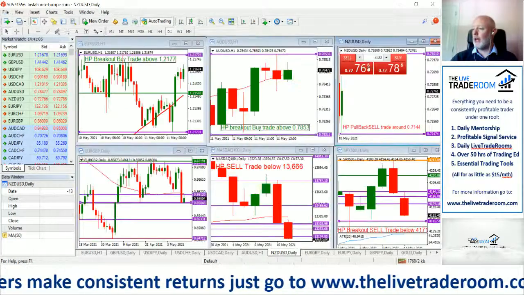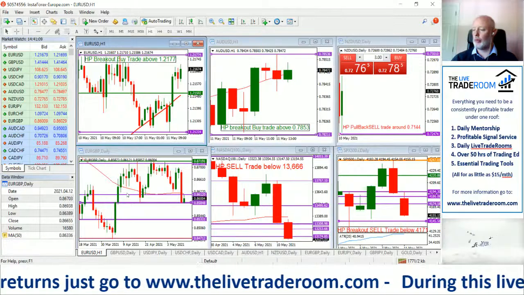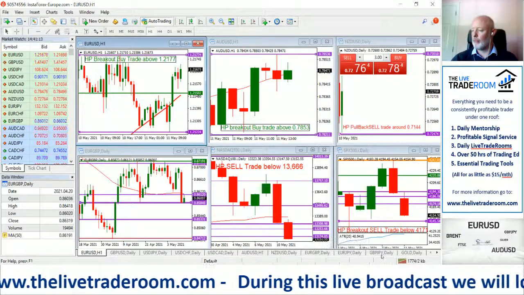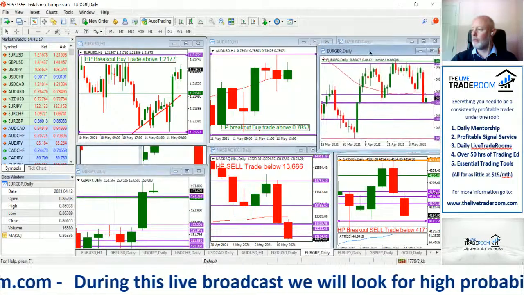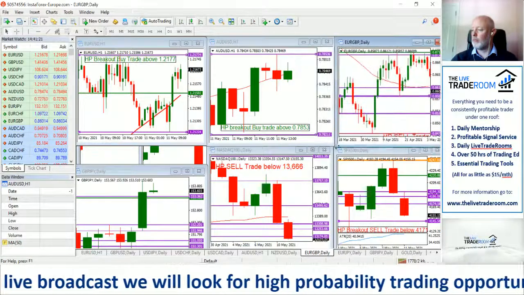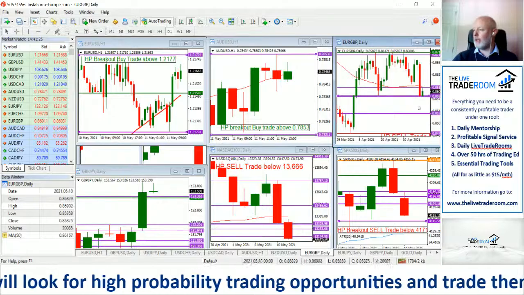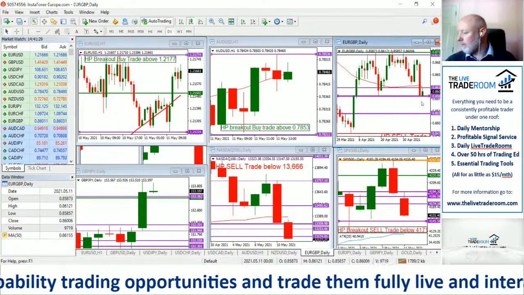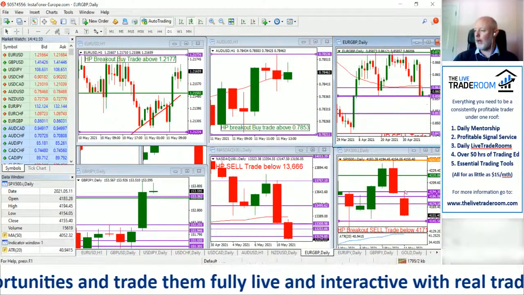Right, we don't really like the New Zealand dollar at all. So we can keep an eye on the euro pound to the downside. See if we get that rollover trade lower.